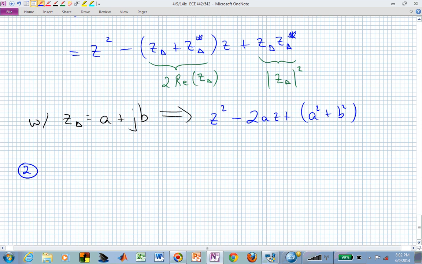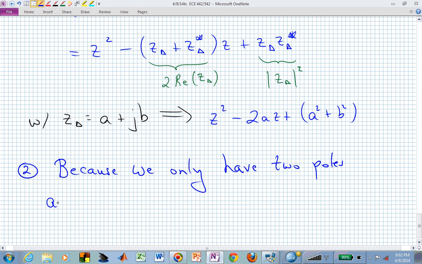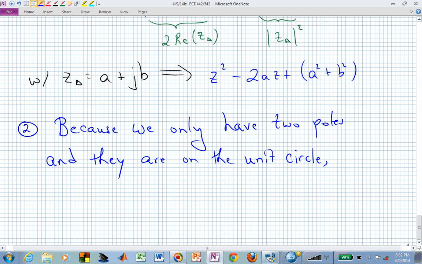A second relationship is, because we only have two poles, and those two poles are actually on the unit circle, we know something about the radius of those pole locations.